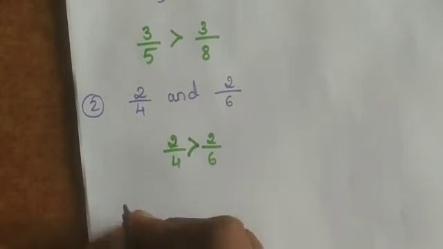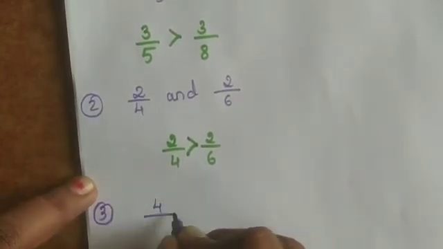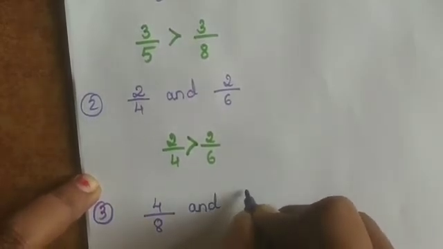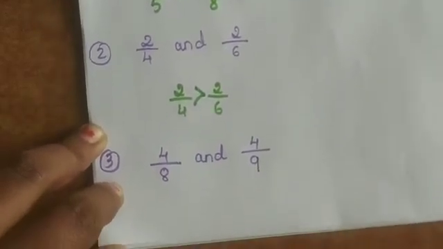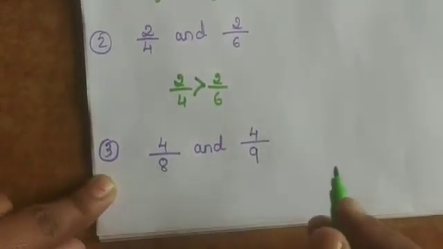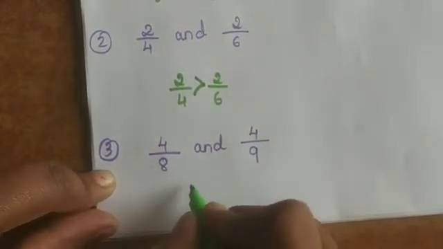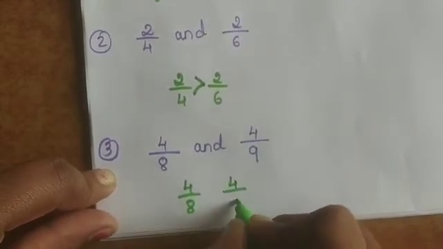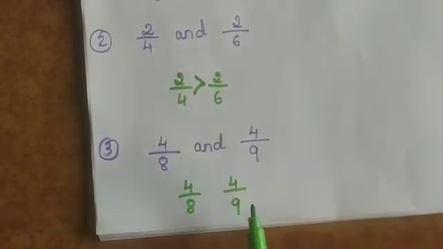I will go to the third example. 4 by 8 and 4 by 9. So in this, here also both the numerators are the same, that is 4 by 8 and 4 by 9. Here also 8 and 9.